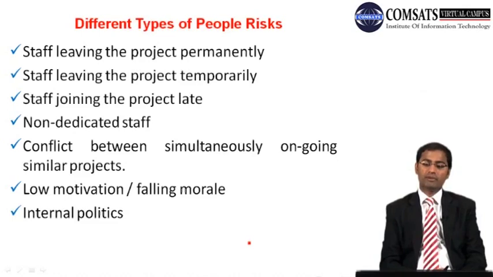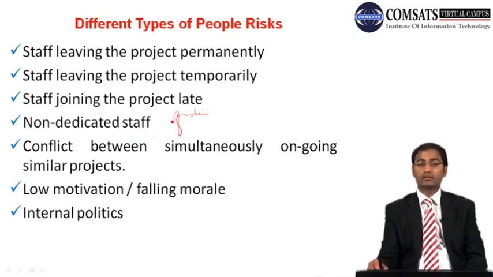There is risk in people, too. There are different types of people risk, like staff leaving the project permanently, staff leaving the project temporarily just when they are most needed, staff joining the project late, and non-dedicated staff, in functional types of organizations or weak matrix organizations.